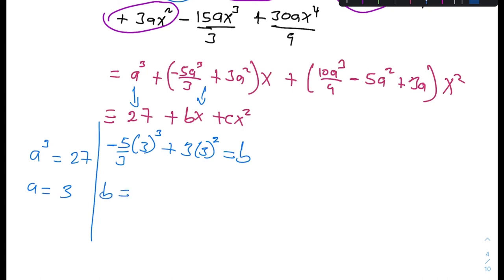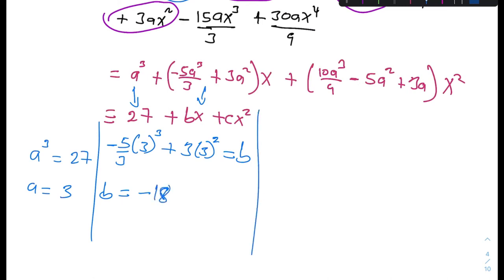So b will be equal to, just put the whole thing on the calculator, okay? So negative 5 over 3 into brackets 3 cubed, which is 27, plus 3 into bracket 3 squared, which is also 27, and that should give you negative 18.